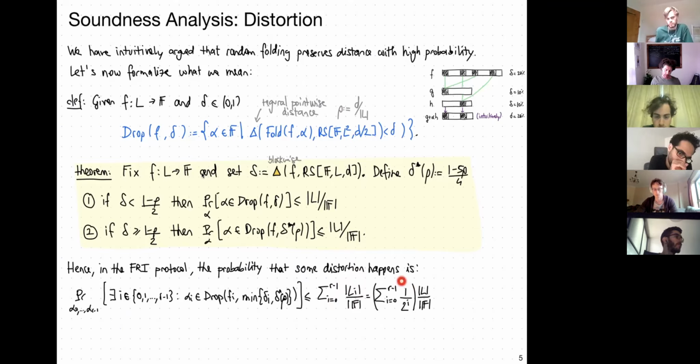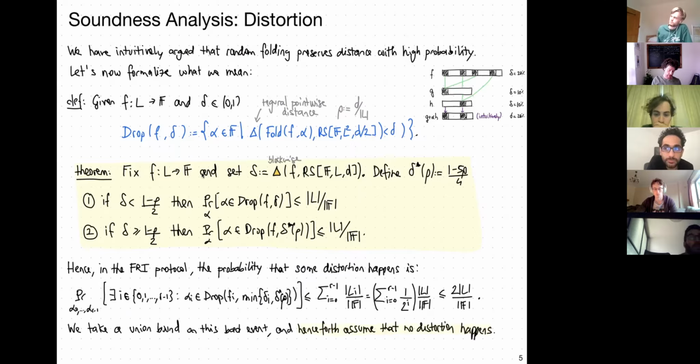To write it more explicitly, L_i is just L divided by 2 to the i. So nothing really happens here. And so the entire probability that distortion happened is 2L over F. So as long as F is 1,000,000 times larger, this will happen with just a tiny probability, and we don't have to worry at all.